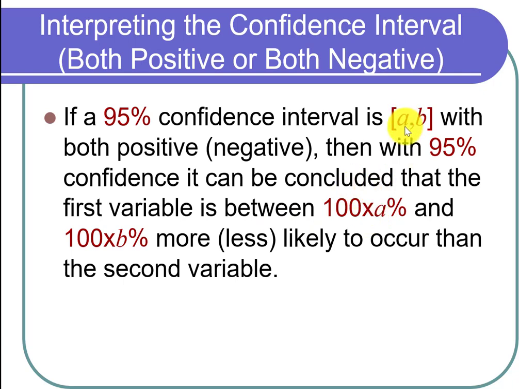So if it was, say, 0.3, then you would say 30%. So 100 times A% and 100 times B%. So if B were, say, 0.51, that would be 51%, more or less likely if it was negative, to occur than the second variable. And we'll have some examples of how to interpret these.